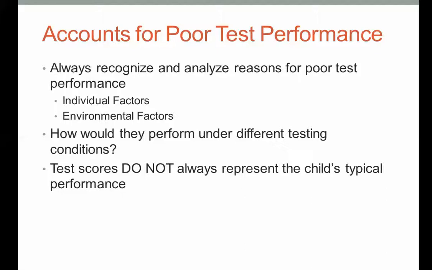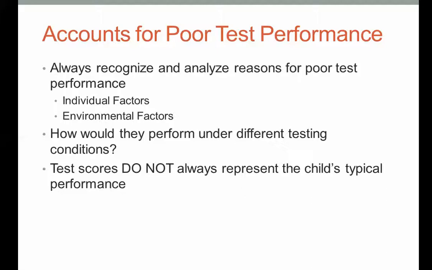You might also want to ask yourself, how would they perform under different testing conditions? Did I, as the assessor or the examiner, do everything I could to make sure that maximum results were yielded from that assessment? Was the lighting good? Was the test appropriate for their needs? Did I pick up on something such as poor visual spatial skills, and maybe we were doing block design and they performed poorly on that, which brought their entire IQ down?